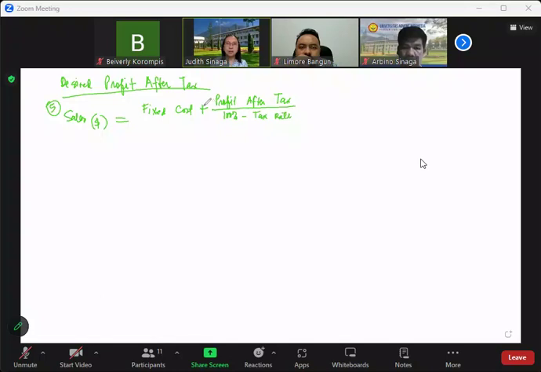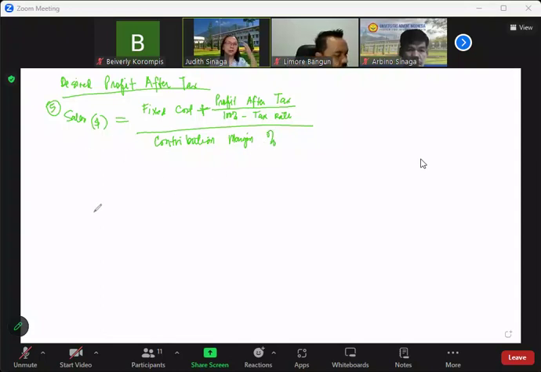Oke. Ini gede ini ya. Gede. Baru masuk yang tadi, contribution margin percentage. Nah, ini untuk mencari penjualan yang ada profit after tax.